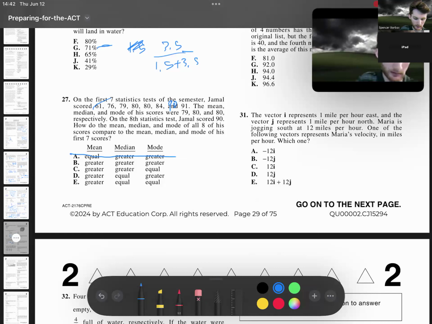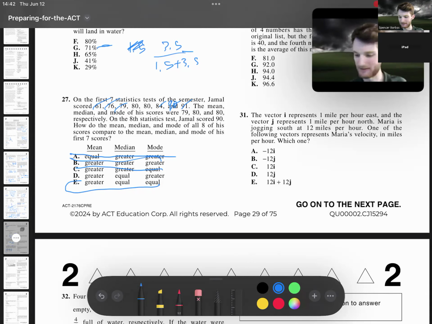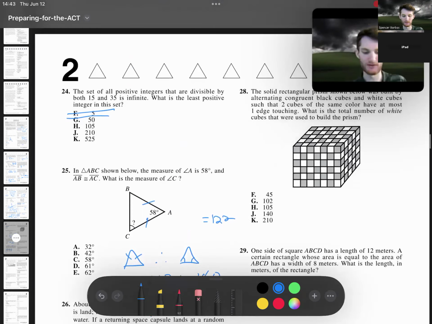The median, I think this is even. All right, median is equal, and the mode is also equal, it's 80. So the median remains 80, the mode remains 80, the mean gets greater. So E. 30 minutes. All right. I am just short of being halfway of where I should actually be.